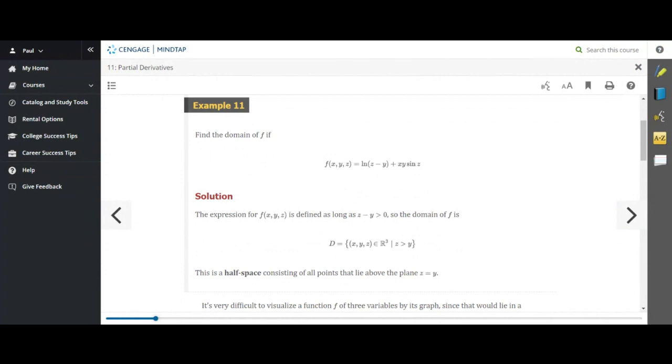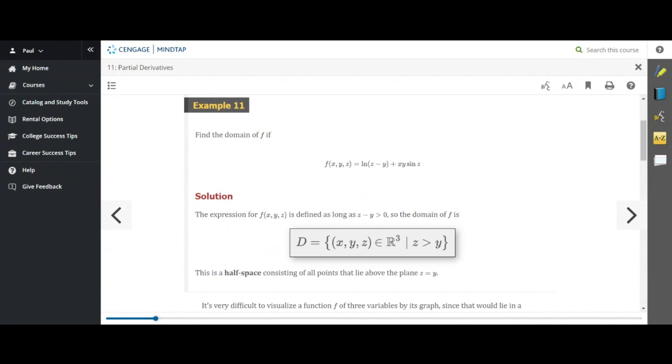Okay, so in this problem, the log function is the one that's restricting the domain, right? The second part of this function of three variables has x, y, and z in it. The sine of z is defined for any x, y, and z.